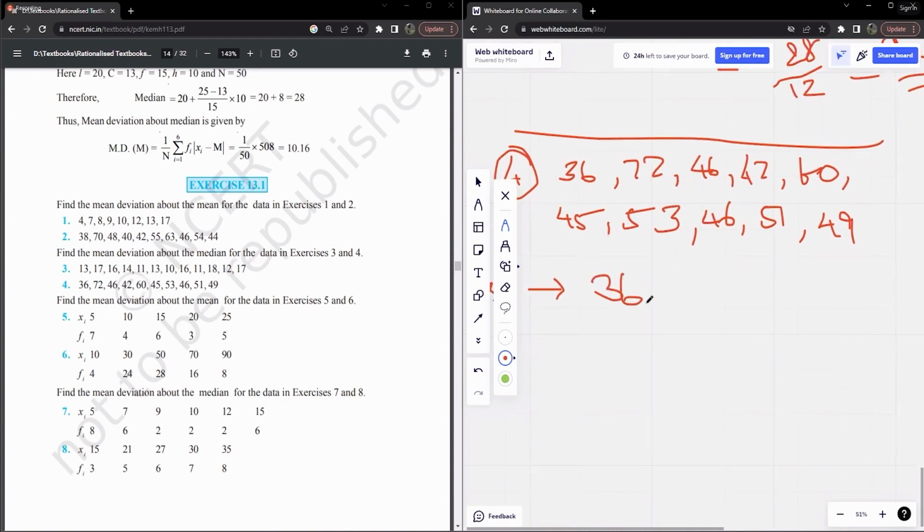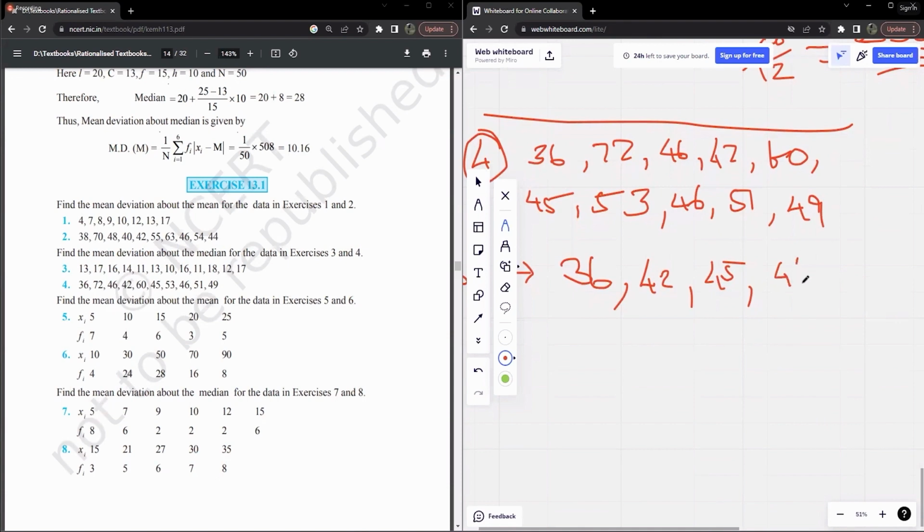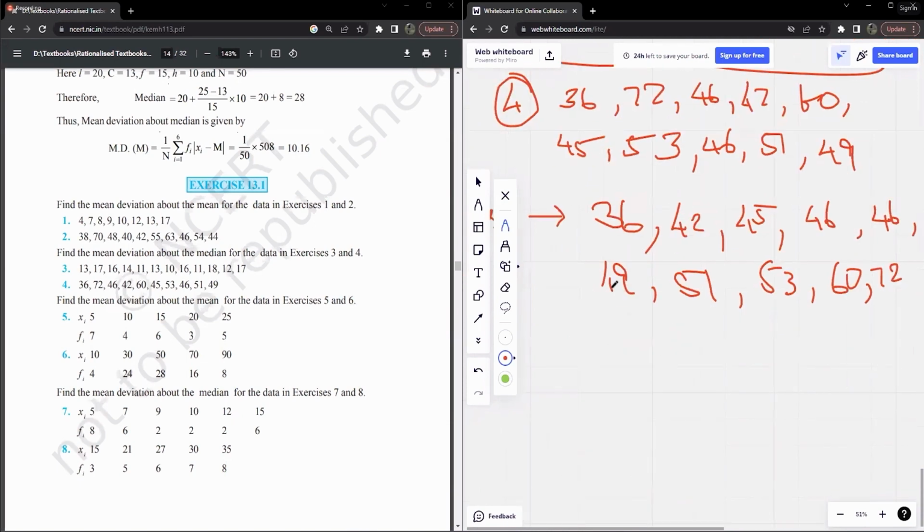That is basically 36, then comes a 42, then comes a 45, then there are two 46s, then I have a 49, then a 51, then a 53, a 60, and then at last it's 72.